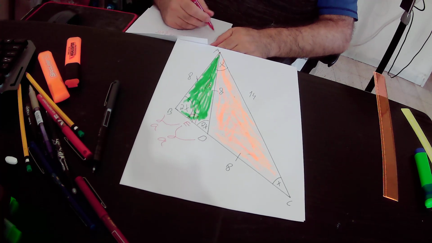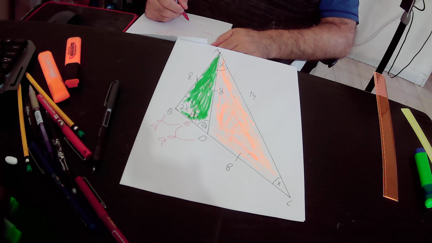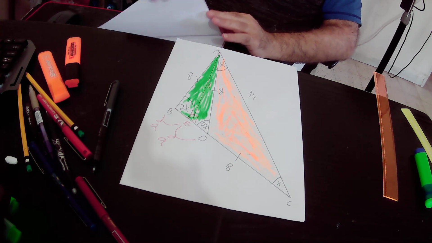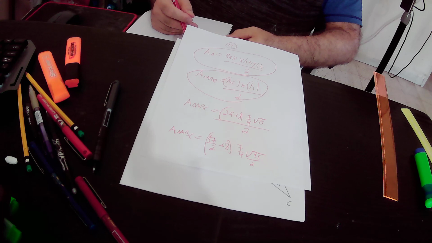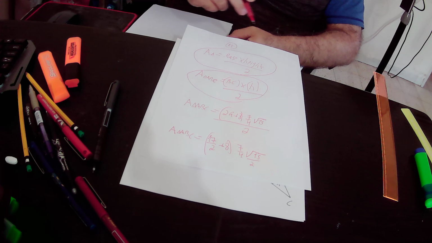So the area of triangle ABC will be equal to 2 times a, which is 2 times 17 over 4 equals 17 over 2, plus 8, times 7 over 4 times root 15 over 2. So the area of triangle ABC equals 17 over 2 plus 8 times 7 over 4 times root 15 over 2.